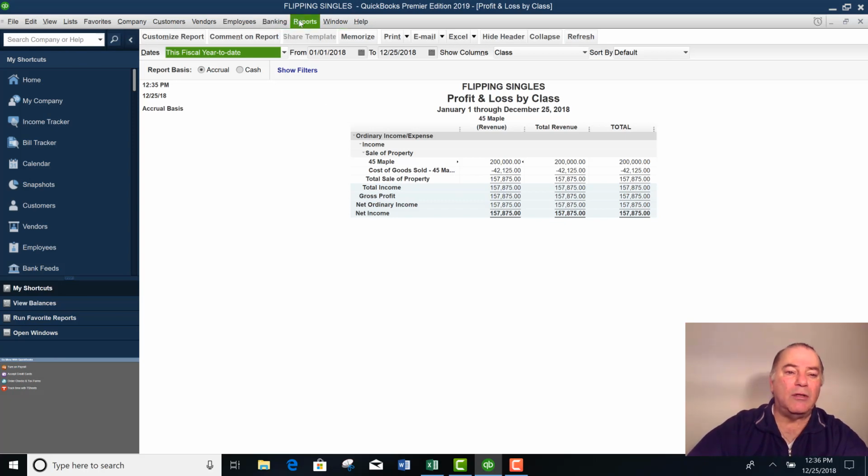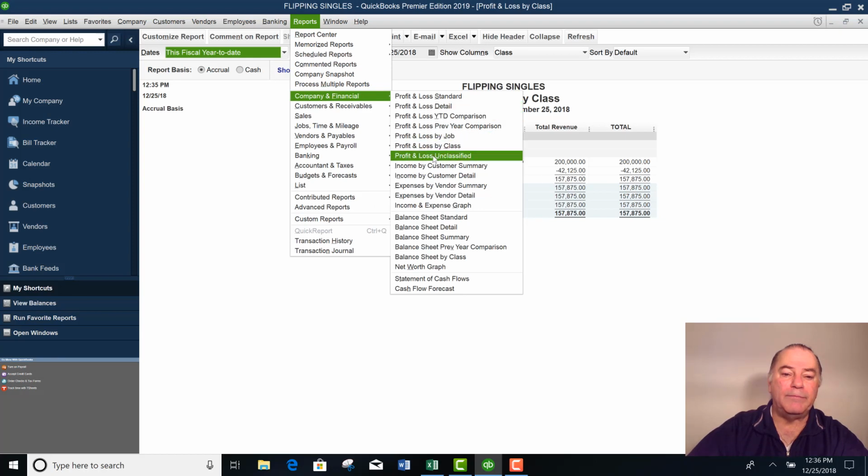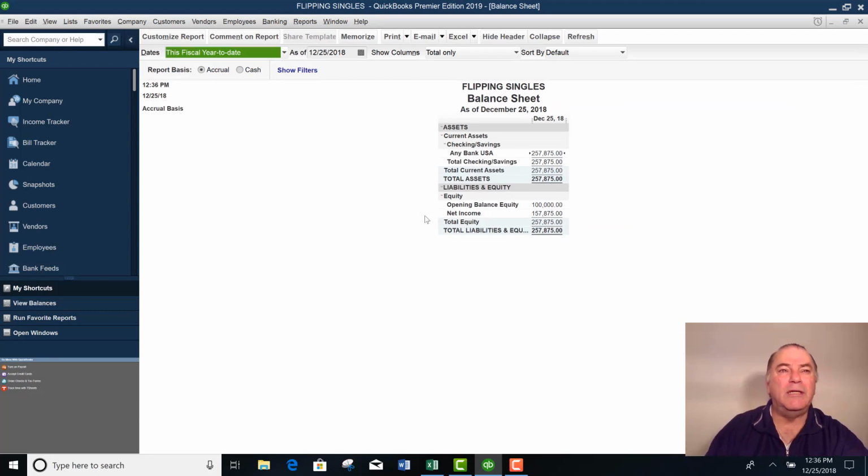So let's take a look at the balance sheet for a minute. And again, once you get used to this stuff, if you're going to use QuickBooks, you'll be able to show things in there using the class system the way you want. You may not want all of this detail.